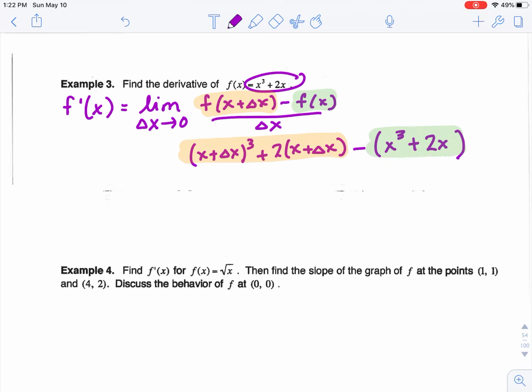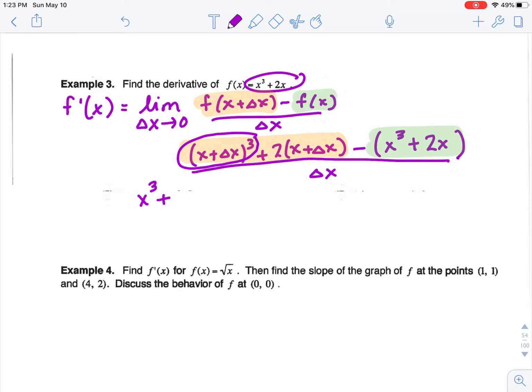Okay, now we're still all over delta x. All right, so this is where you've got to work this out now. So you've got in this first part x plus delta x to the third. Eesh. But if you remember Pascal's triangle, this isn't too bad. You can remember it's 1, 3, 3, 1.